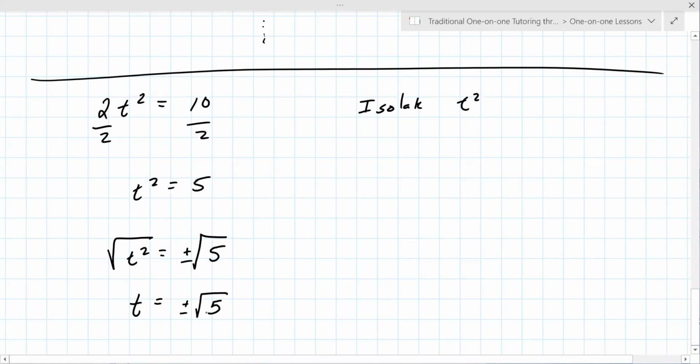And this is where it's uncomfortable. You want to ask the question: what is the square root of 5? This is the question. The answer is the square root of 5.